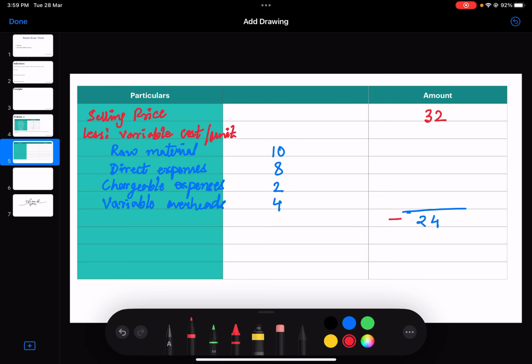So this will give you 8, right? So here we have done sales minus variable cost. So what is it? It is the contribution per unit. Here we are talking about everything in per unit, right? So you got the contribution, which is equal to sales minus variable cost, and here the answer is 8, right?